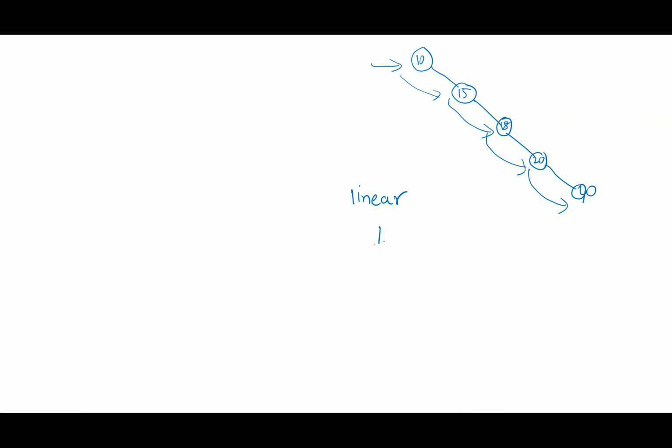So insert now becomes order of n. Similarly, search becomes order of n, because I may have to go all the way down to search for something. I cannot even reduce my search space by half. Suppose someone says, search for 60.